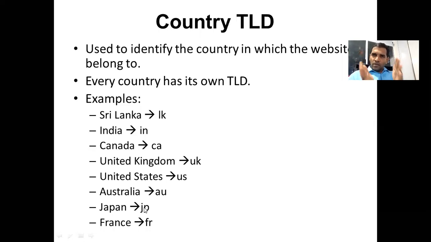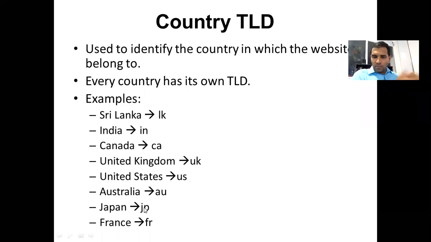On the other side, suppose you want to show your business to the public in terms of the nature of the organization. In this instance, you have to take a proper generic TLD for your domain name.